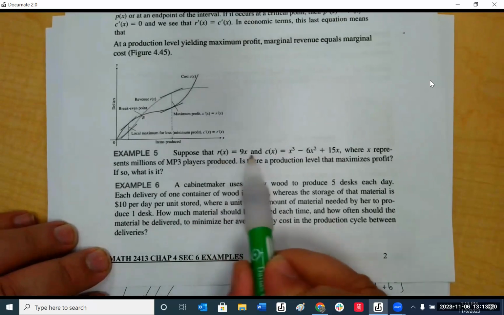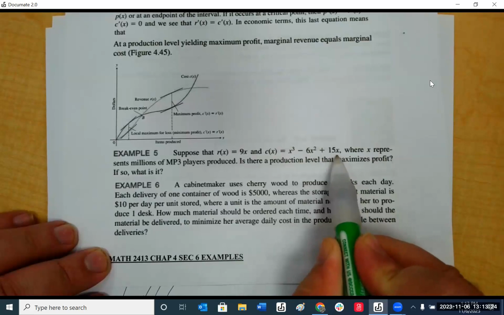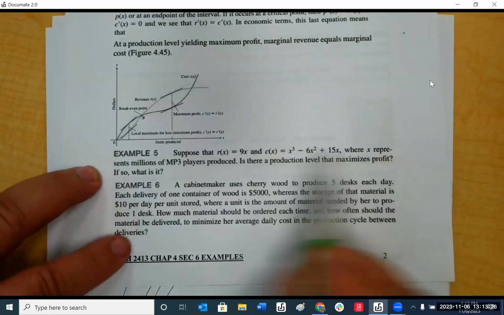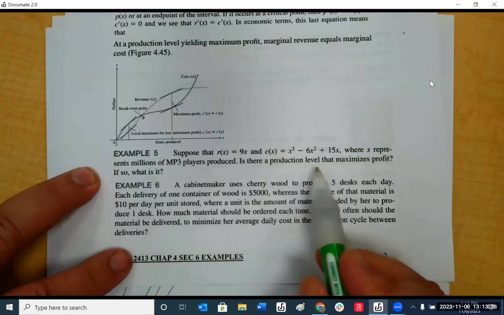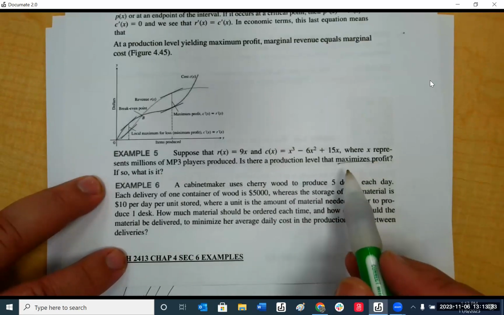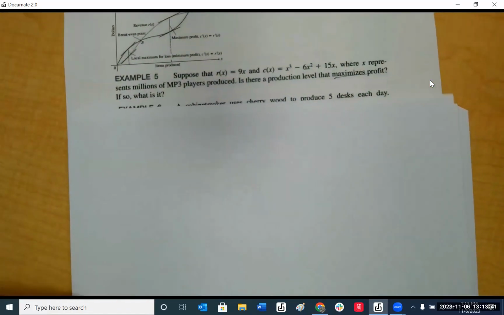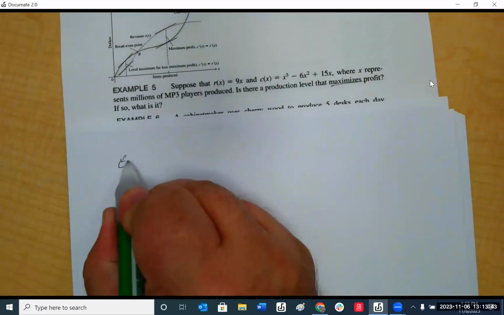Suppose that the revenue is 9x, the cost is x cubed minus 6x squared plus 15x, where x is the millions of MP3 players. Is there a production level that maximizes the profit? If so, what is it? Okay, example 5. This will be the last one because the other ones will be pretty much the same thing.